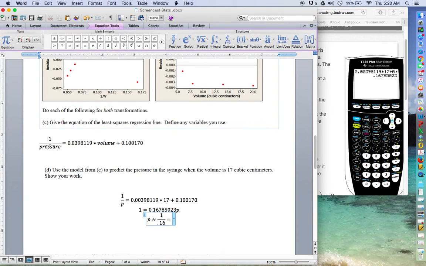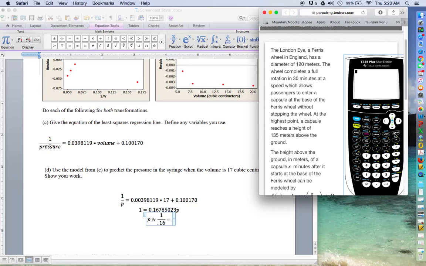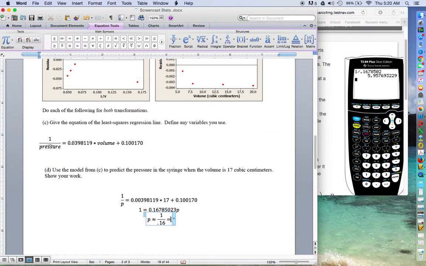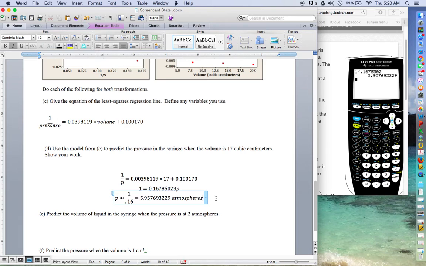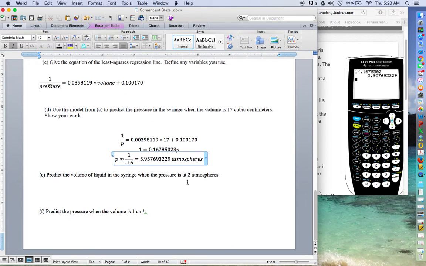If I do that fully on the calculator, 1 divided by 0.16785023, that pressure is going to be 5.957693229 atmospheres. That's the unit of pressure we're working with here. There are all kinds of other units of pressure. Pascal is the actual SI unit, but let's not get too chemistry/physics-y today.